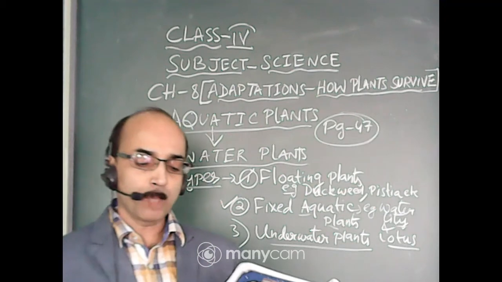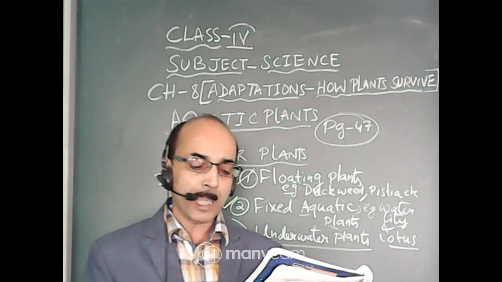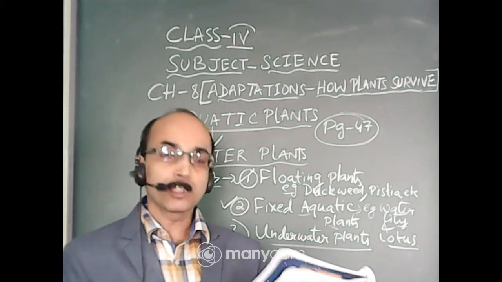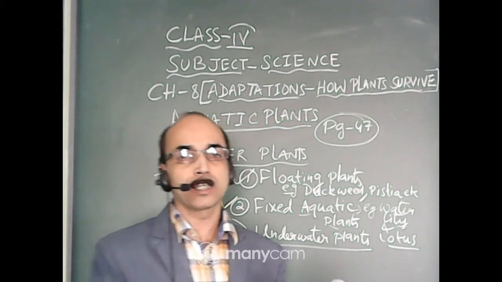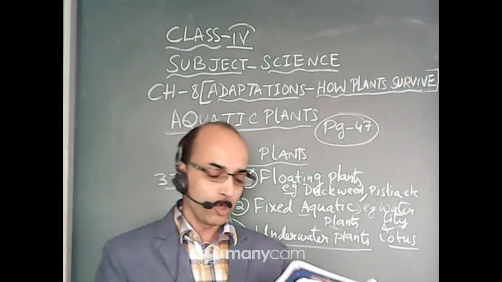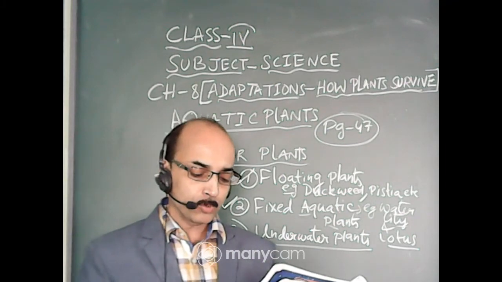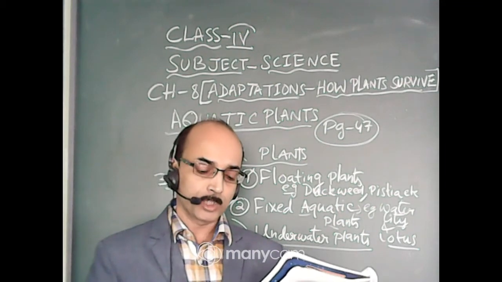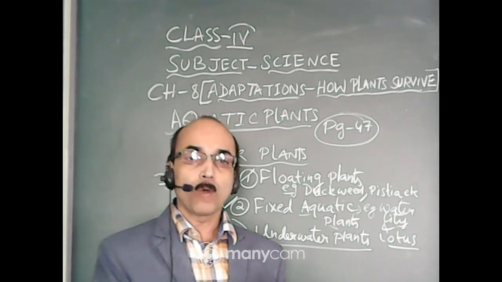They are fixed to the bed of the pond. Adaptations: they have hollow and light stems that keep the leaves and the flower afloat, because they are floating on the water. Number two, their leaves are broad with a waxy coating that prevents them from rotting.